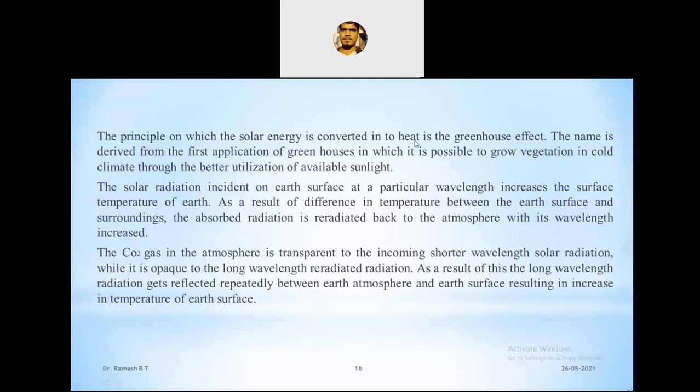Once the sun's energy passes through the glass window, it is absorbed by some material.